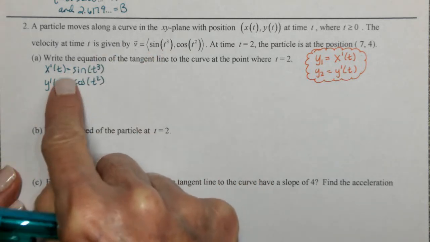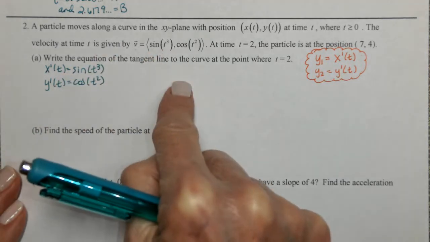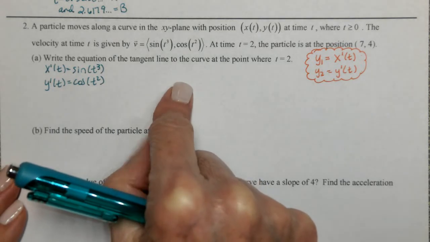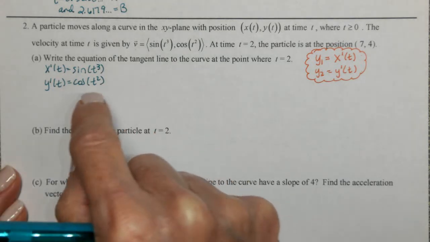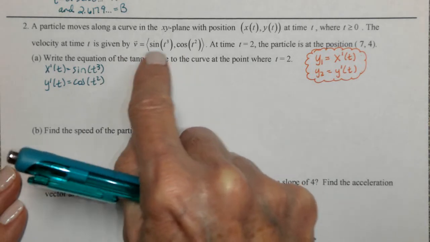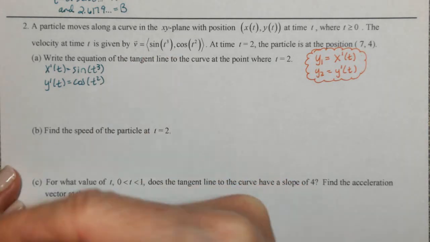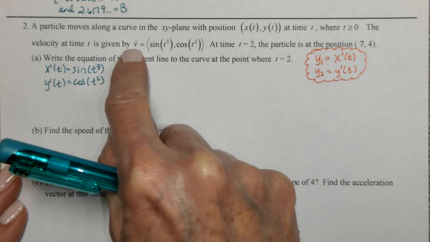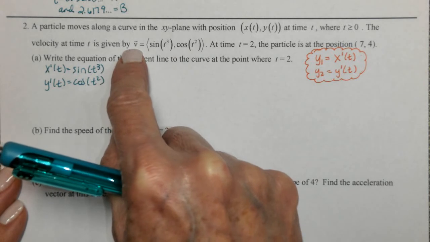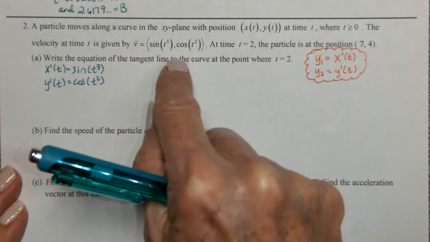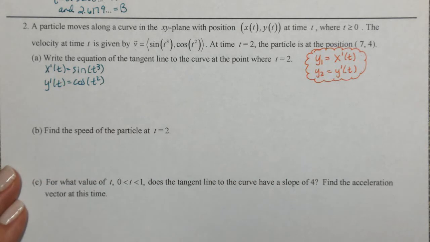I need to say that if I'm going to use x prime and y prime, which we will on these problems. Yes, they were given to me, but not explicitly. They were given to me as v, the velocity vector. I need to write those individually if I'm going to use them.